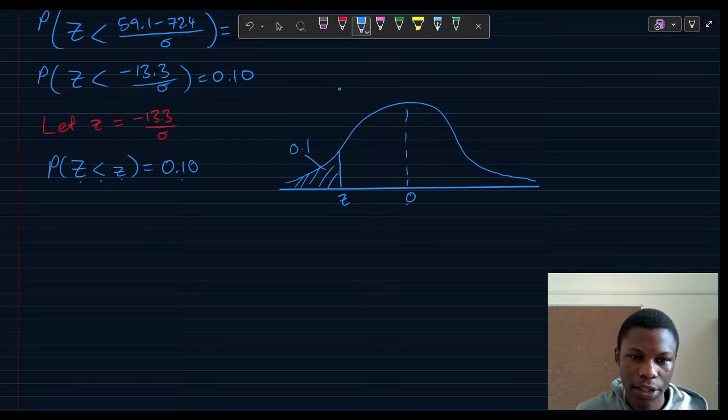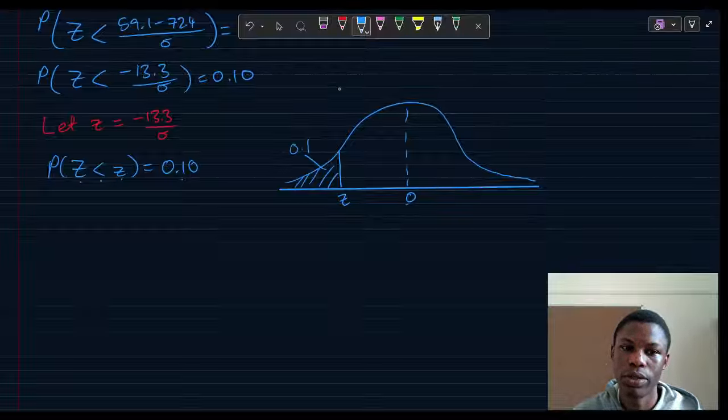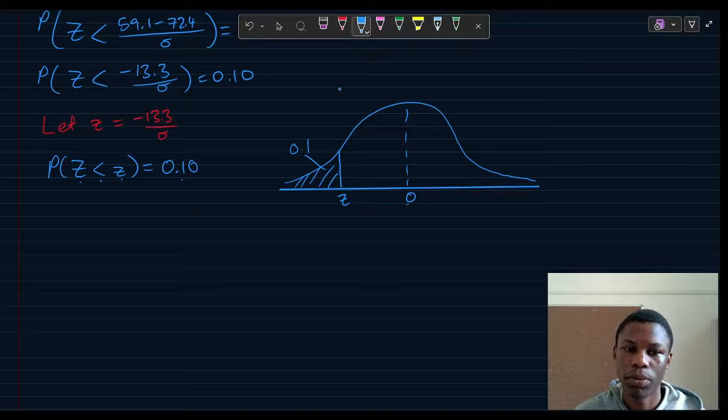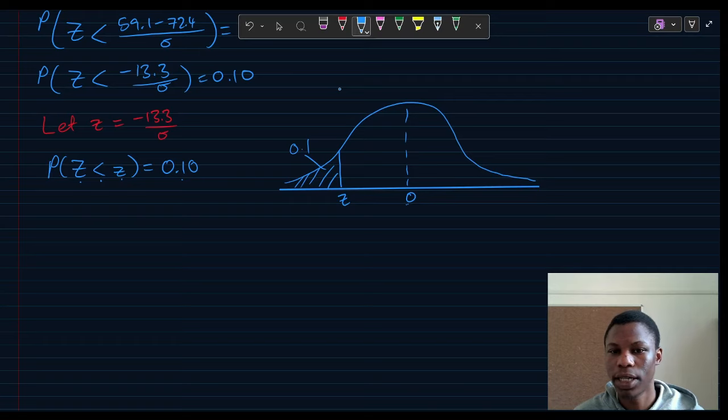Another problem we have is that our tables actually don't allow us to read probabilities that are less than 0.5. So we'll just do 1 minus 0.1, which is 0.9. The reason our tables start from 0.5 is because this 0.9 and this 0.1 are bound by the same Z value.